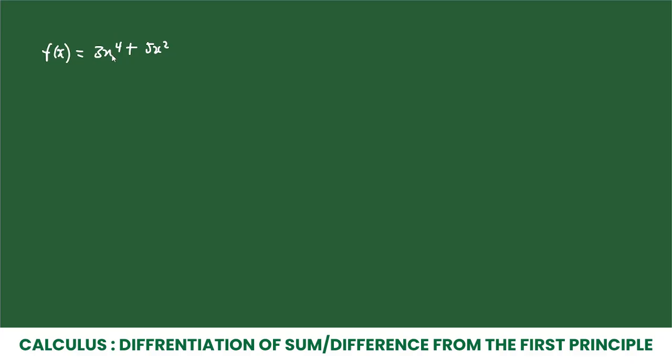We have to find the derivative of this from the first principle. So this implies that our f of x plus change in x is going to be 3 times x plus change in x to the power 4, plus 5 times x plus change in x squared.